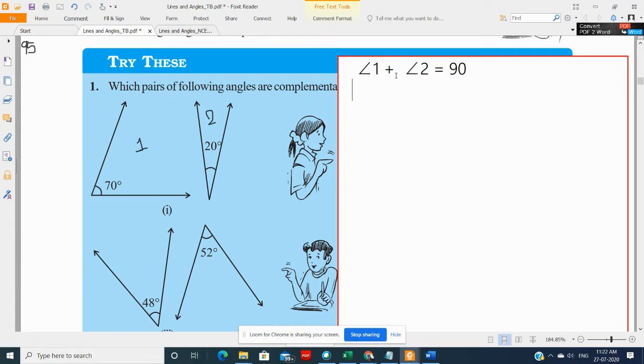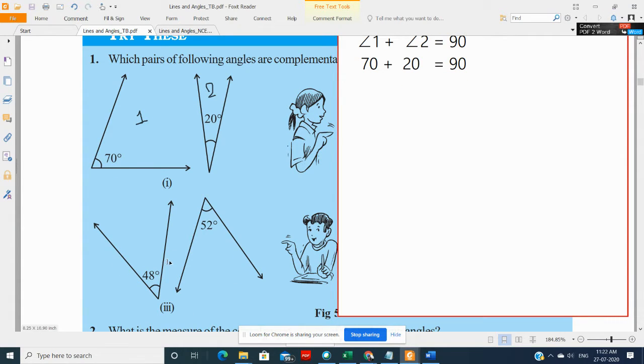Now if I write angle 1 is given as 70 plus angle 2 is given as 20, my answer is coming 90. So LHS and RHS is equal, which means the given pairs are complementary to each other. We can say this. Let's see the third sum.